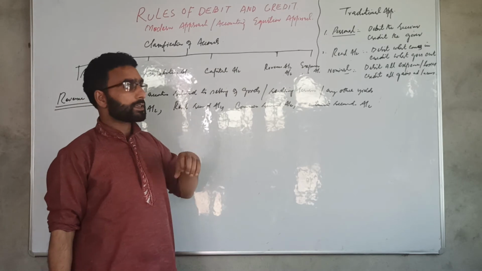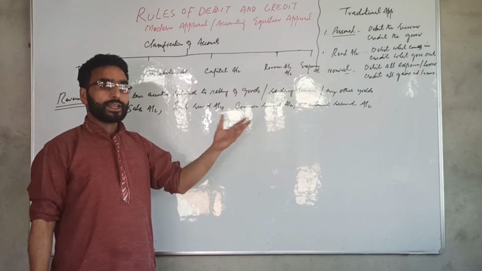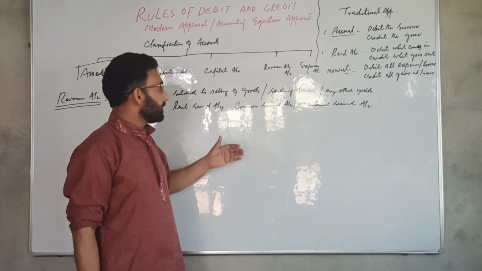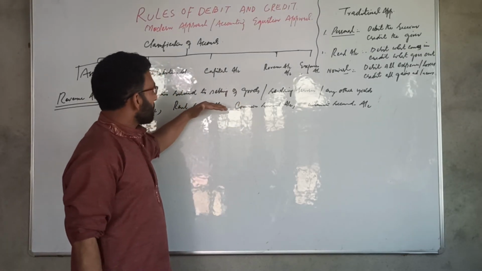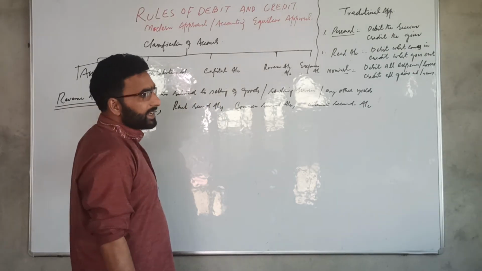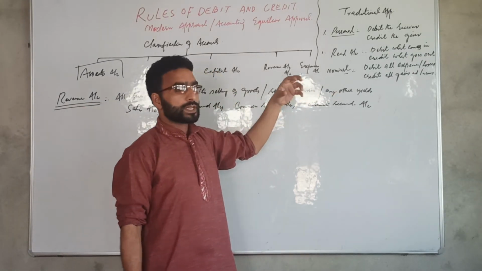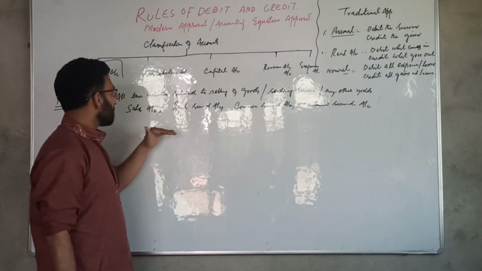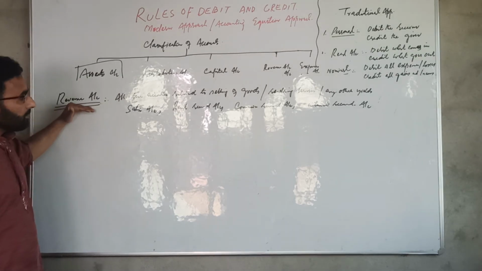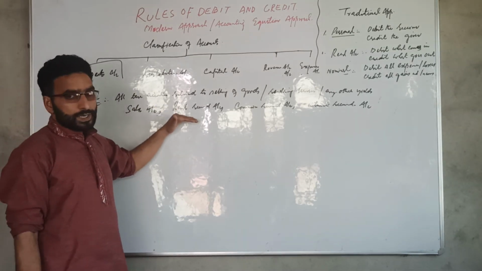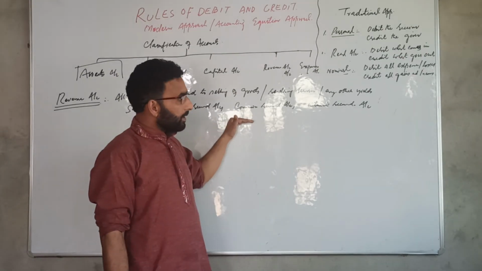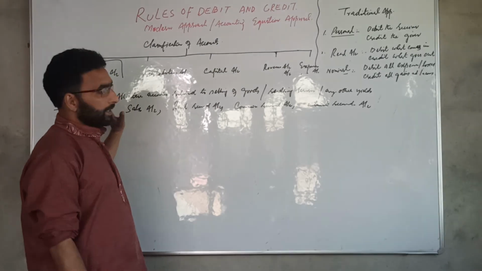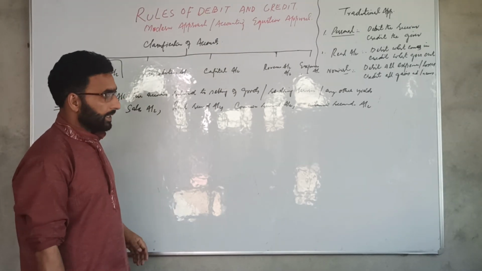When the business renders service for another business, the business gets money, the business gets wealth. So these become the revenue accounts, or any other accounts related to incomes of the business. These accounts come under the head of revenue account.